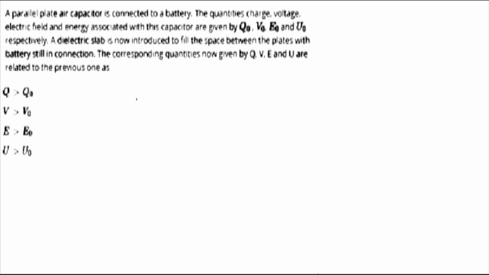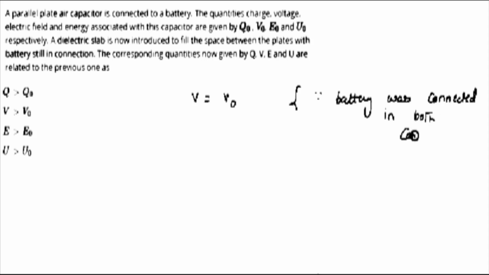So let's begin. First, initially the air capacitor is connected with a battery, and after that also, when a dielectric slab is introduced, the battery is connected. So we can say V will be equal to V naught, since the battery was connected in both cases.